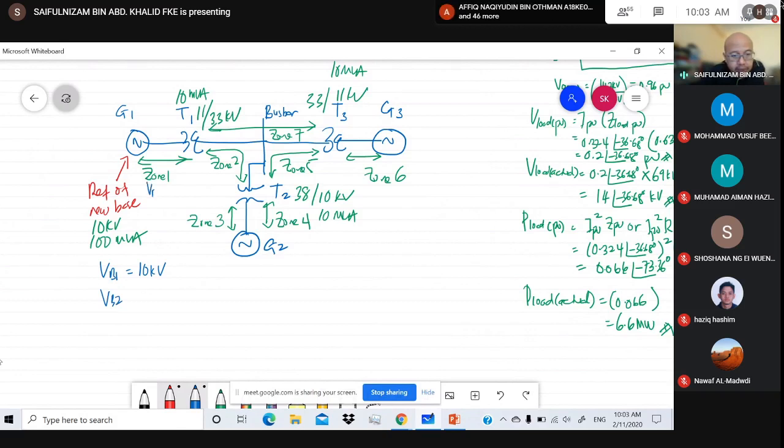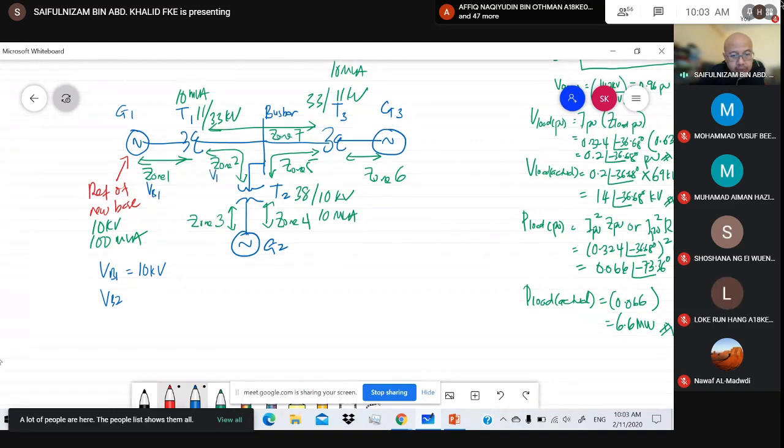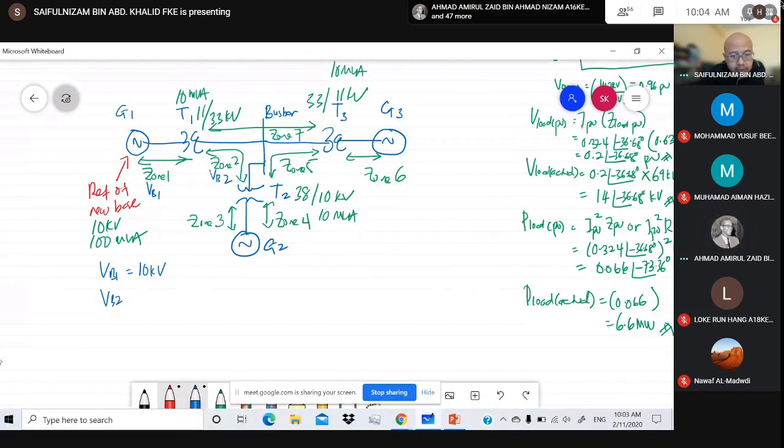So this is VB1, so this is VB2, 33 kV. VB4, VB5, VB6, VB7. So VB2 over VB3.